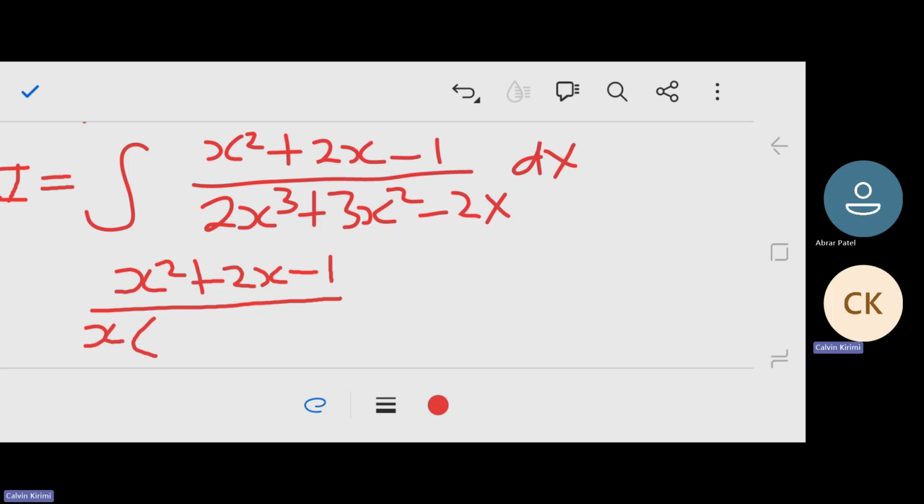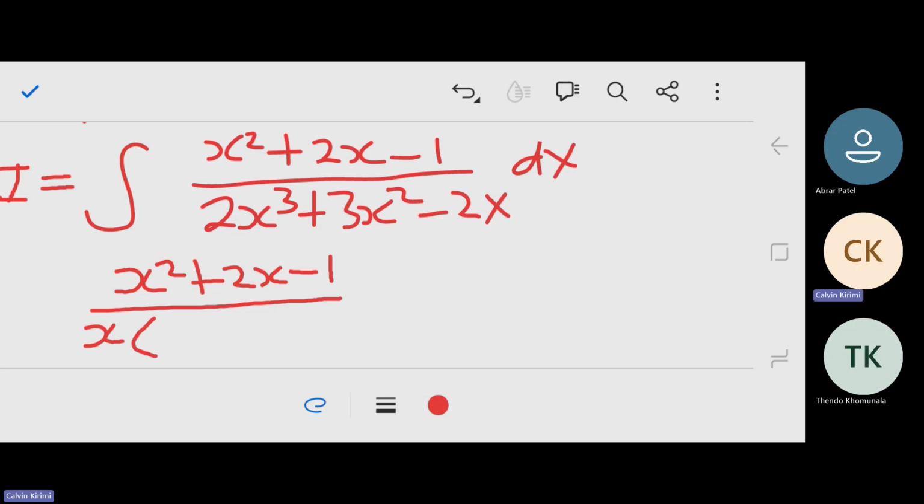For this one, if we factor out x from the denominator, it's going to be 2x squared plus 3x minus 2. So I have factored out. Now, I want to know what this equals. On the denominator, there's still a quadratic expression, so that can be split again into factors.